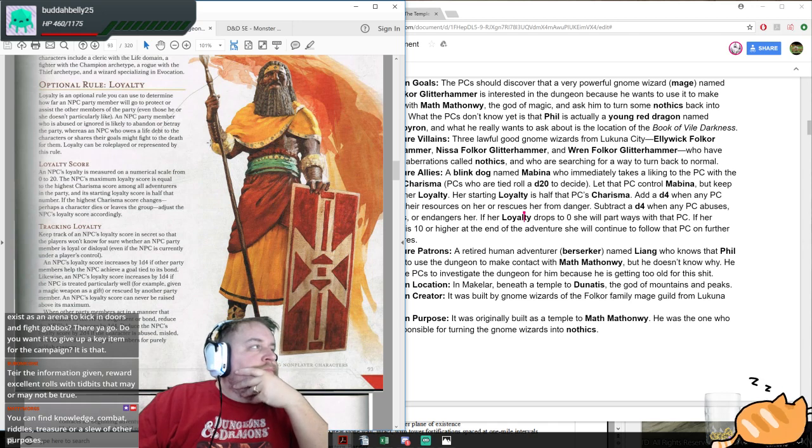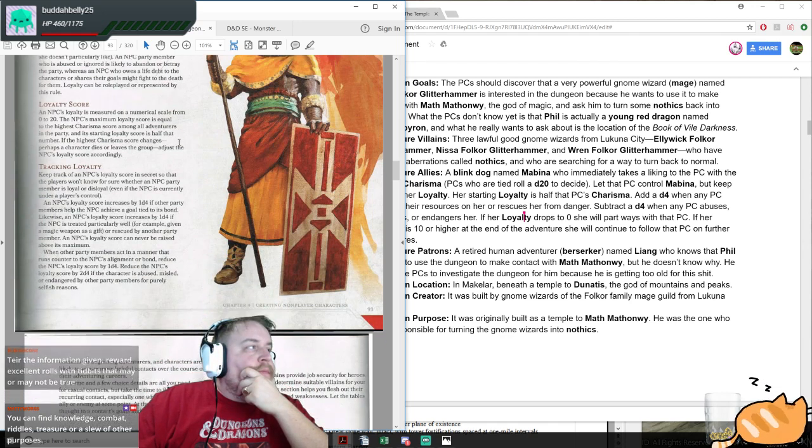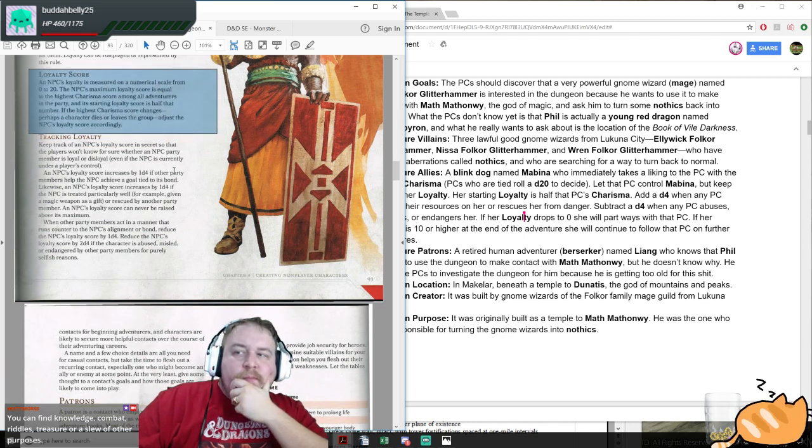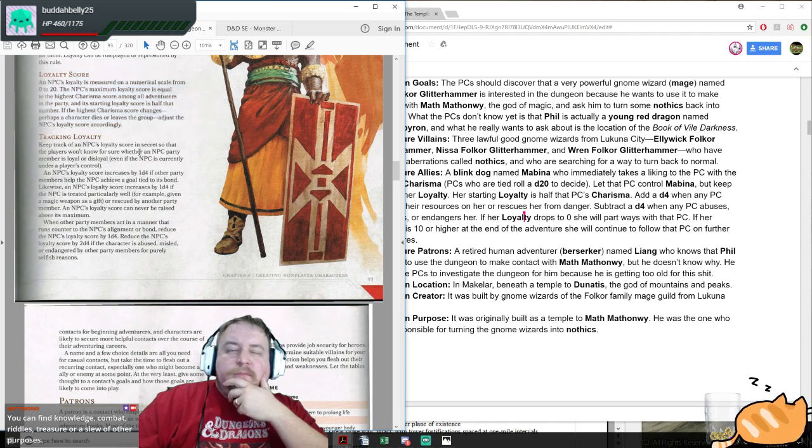So loyalty is defined, at least the starting loyalty, sorry, as half of the PC's charisma. So Granny, who has 17 charisma, gives 8 loyalty to Mabina. So Mabina has 8 loyalty for Granny, right?